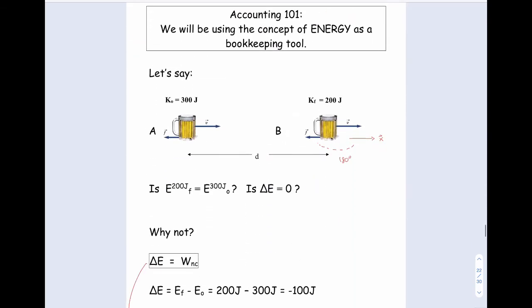That's why I like to say this is like accounting 101. If something is conserved in some cases, it's a bookkeeping tool. But now that we have non-conservative forces, we can't say it's conserved, but we can account for all of it.